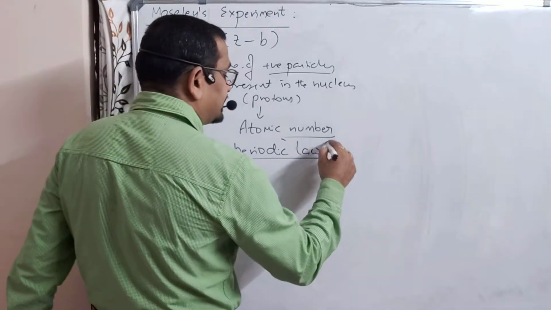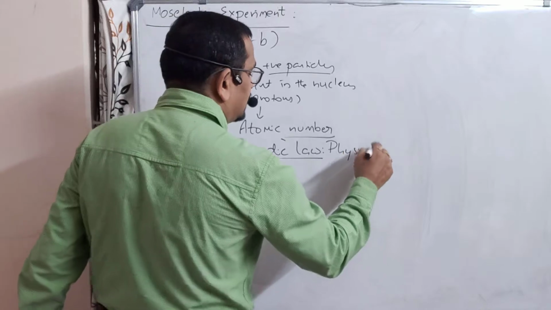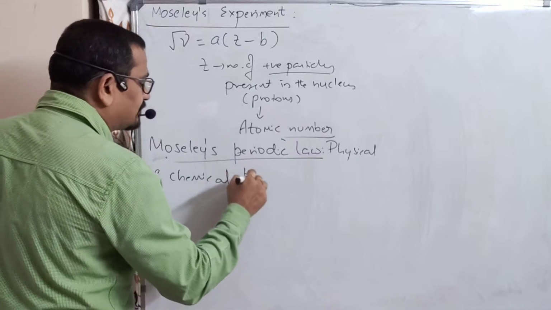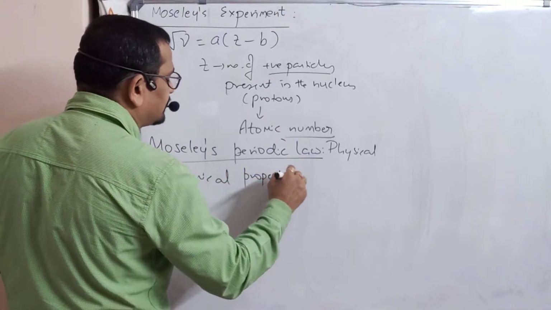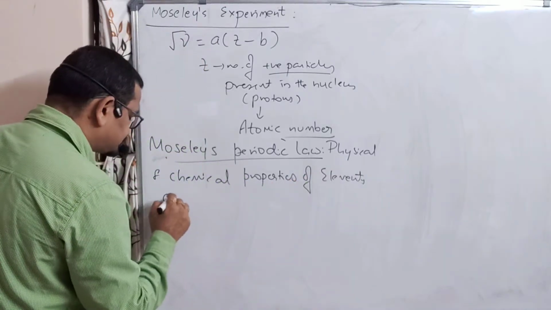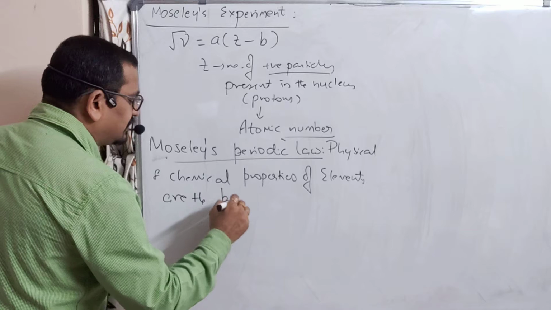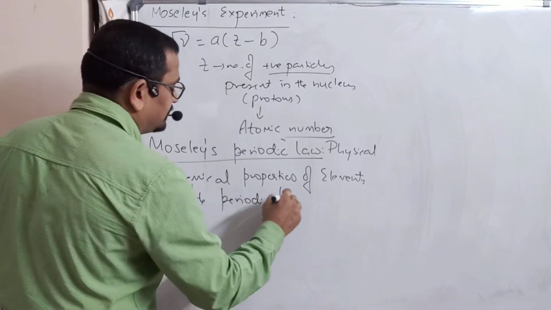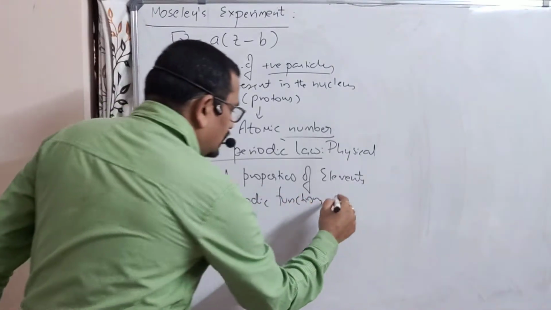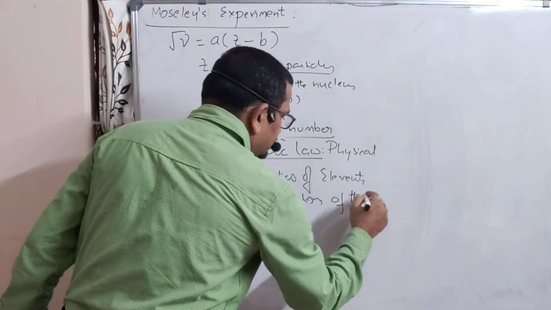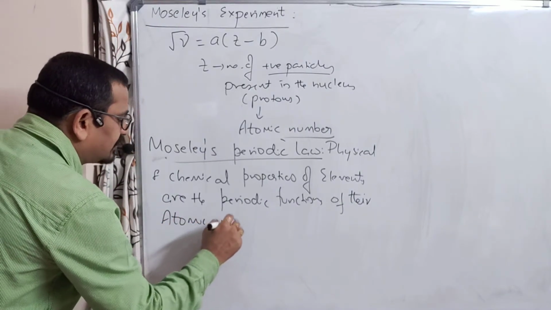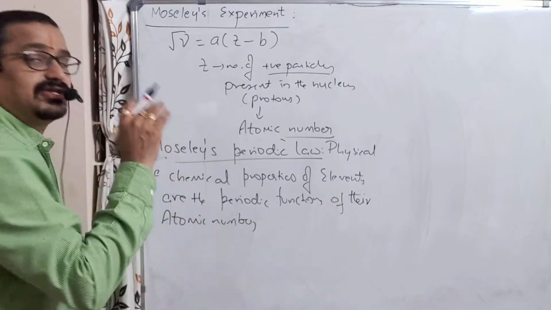What is Moseley's periodic law? Physical and chemical properties of elements are the periodic functions of their atomic numbers. So what is meant by atomic number? Number of protons present in the nucleus of an atom.